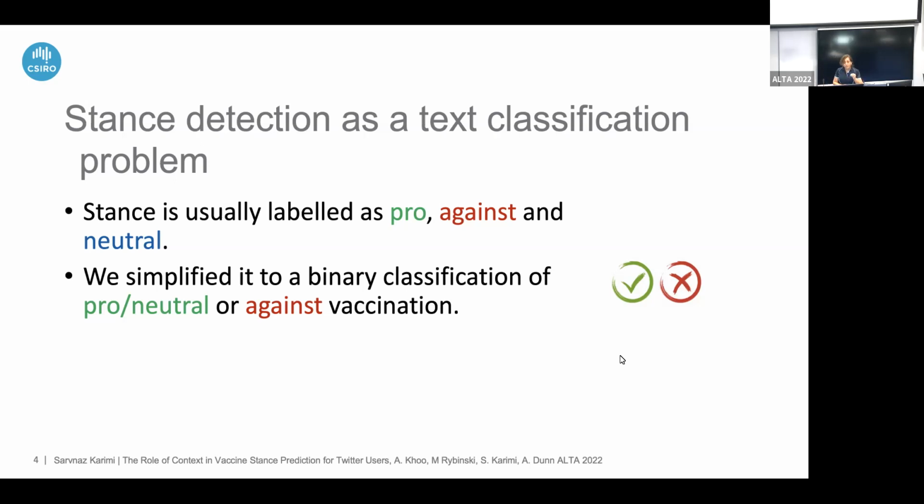But for vaccine hesitancy, what is of interest is finding those negative content, because that's where the harm is. That's what you want to address in different applications. So it would make sense for us to just bundle pro and neutral as one, and against or negative content as one.